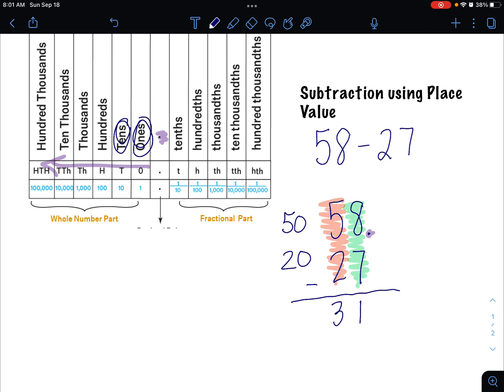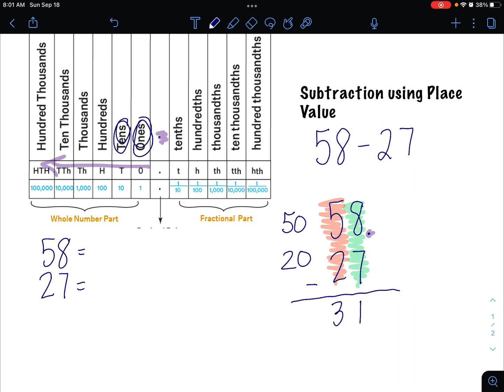So if this way works for you, if this makes sense, by all means, continue to use that traditional strategy to solve this problem. But if you want to think about place value and making numbers hopefully make more sense in your head, we can take 58 and 27 and break those up into their place values.